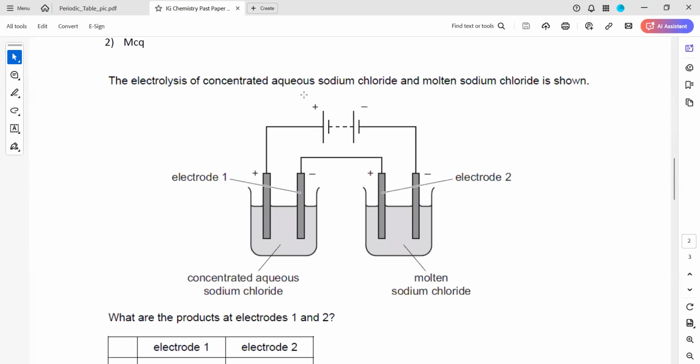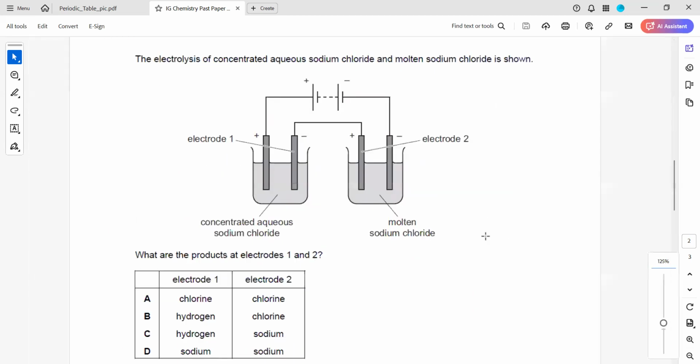The next is the electrolysis of concentrated aqueous sodium chloride and molten sodium chloride.